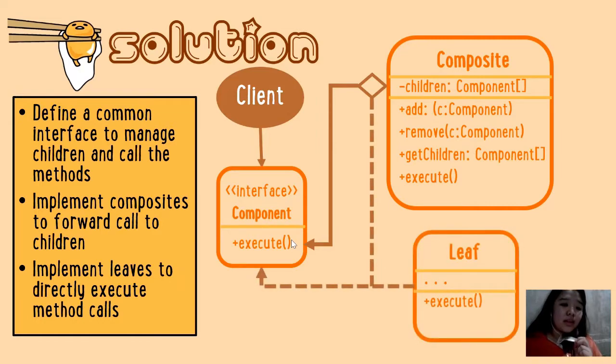The third is to implement leaves to directly execute the method calls. So what is a leaf? A leaf is basically the bottommost part of the hierarchy, where they don't have subordinates like composites do. An interface, the first box that the client sees, could also just be directly linked to the leaf. And we will see more of those examples later on.